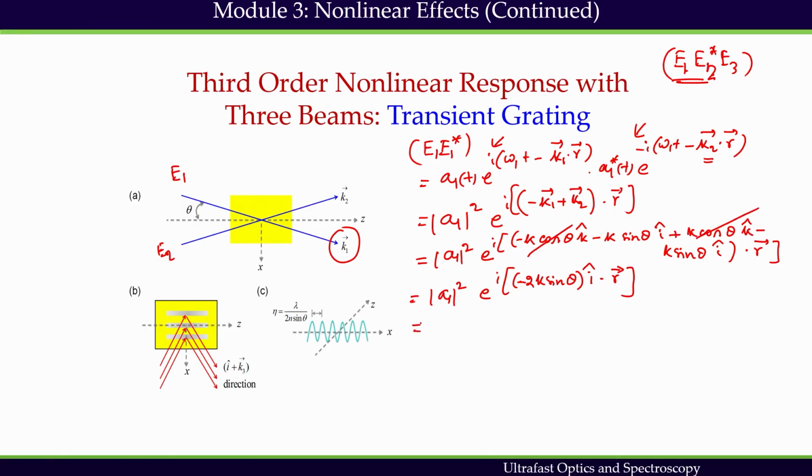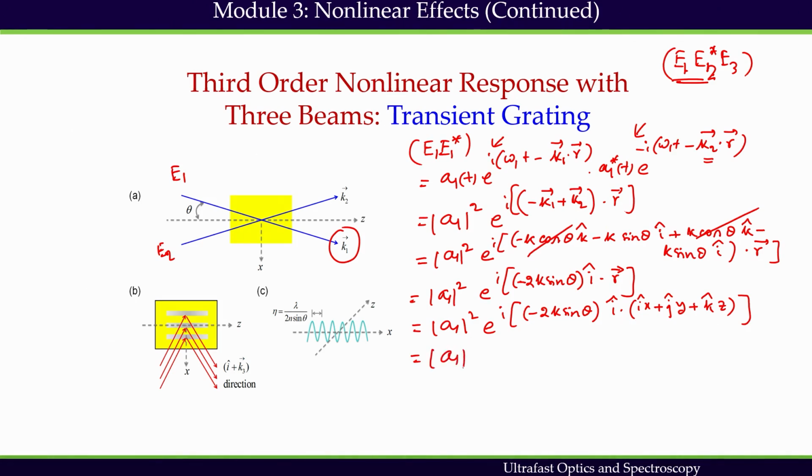And r can now be decomposed into its characteristic x, y, z directions, so I can write e to the power i minus 2k sine theta, then i-hat dot r can be written as i x plus j y plus k z. We know that i dot i will exist, the others will cancel out and become 0.